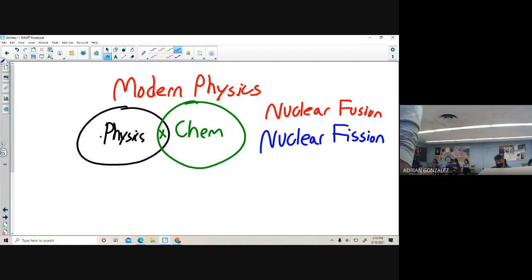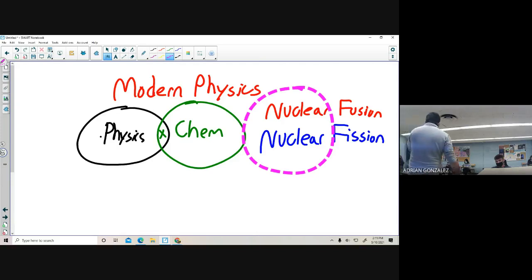Now, if we look at these two reactions, they each have one word in common. What word is that? Nucleus. Okay? The word that they have in common is nucleus. Now, this word is kind of doubly important. The first one is, if you say the word nuclear to somebody on the street, or you were to ask them what it meant, most people would describe what?